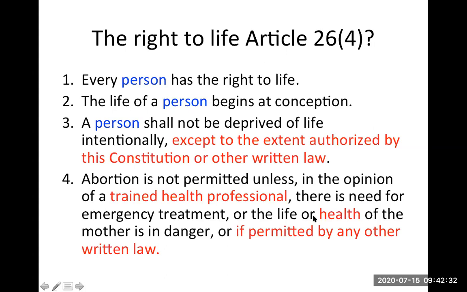Because the World Health Organization definition of health is a state of well-being, mentally, physically, socially, etc., not the mere absence of infirmity. It would then seem that even the morning sickness, the throw-ups, nausea, and stuff like that associated with early pregnancy can be treated as a health issue.